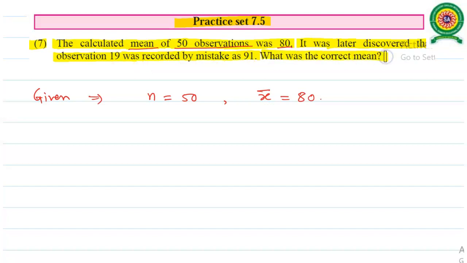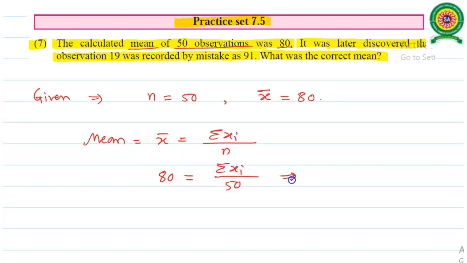What was the correct mean? The formula for the mean is sum of xi divided by n. The mean is given as 80, which equals sum of xi divided by n, with n being 50. So the sum of xi, after shifting 50 from RHS to LHS, is 80 into 50, which becomes 4000.